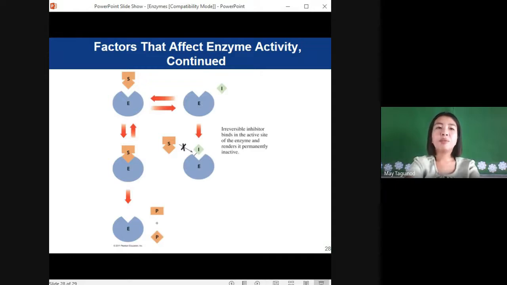Irreversible inhibition is demonstrated in this figure. Heavy metals, for example silver, mercury, and lead, are examples of this type of inhibitor.